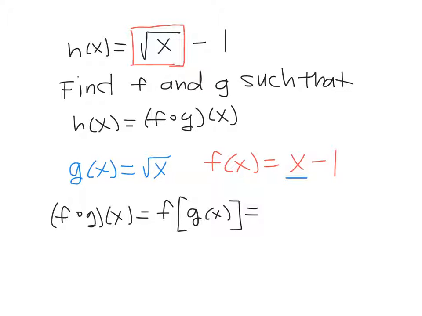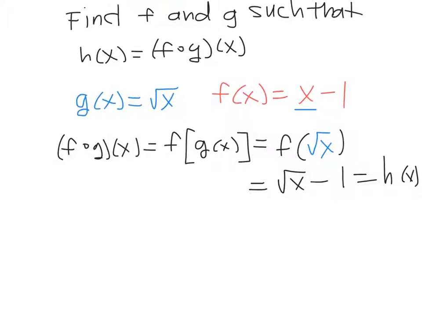So we could write that as f of, and we plug in a g of x. Well, g of x is square root of x. And now making that replacement of square root of x into f of x, we get square root of x minus 1, which gets us back to h of x.